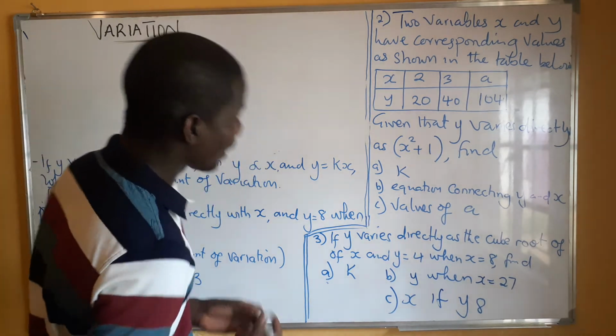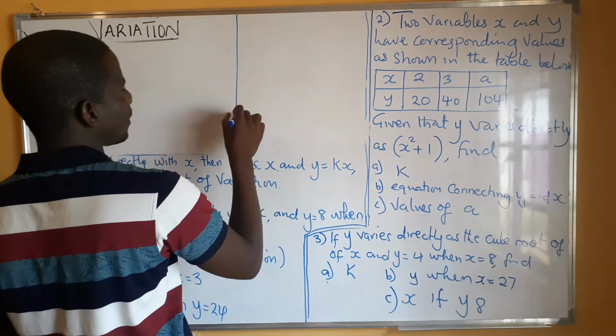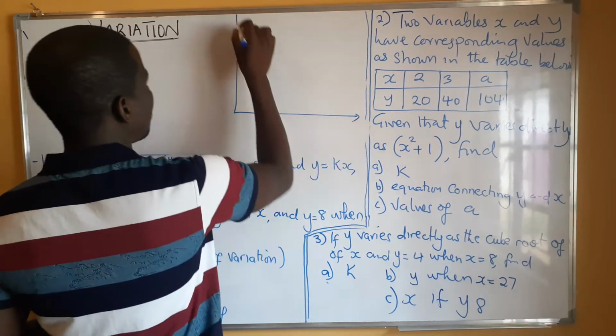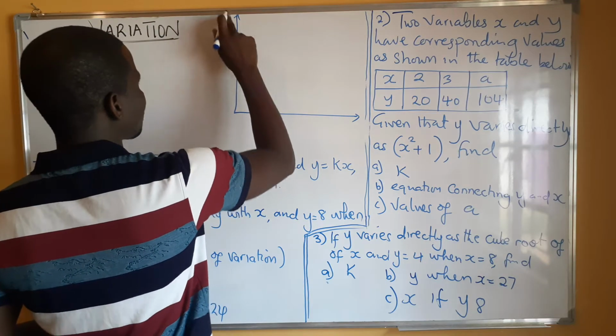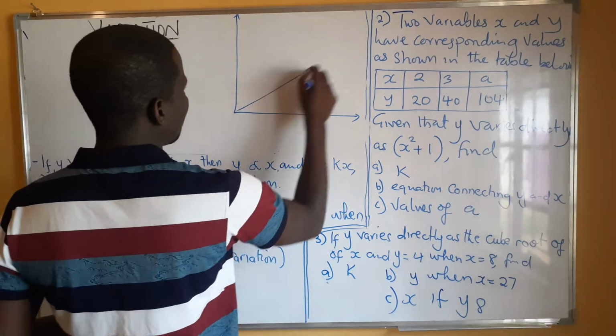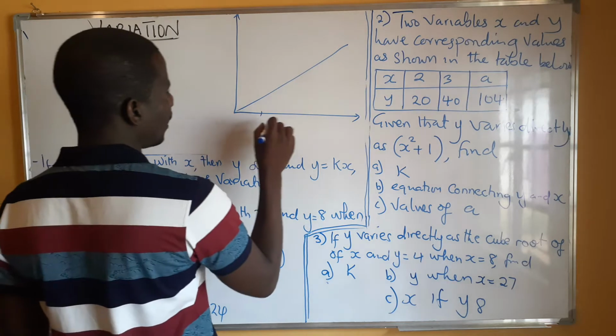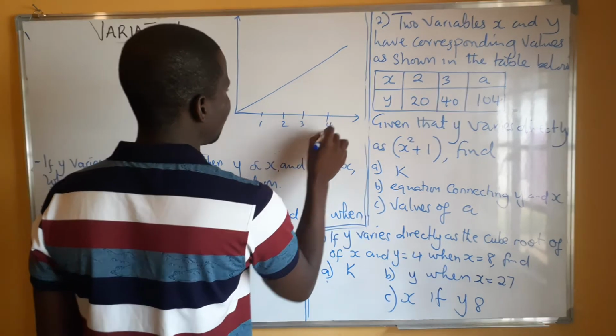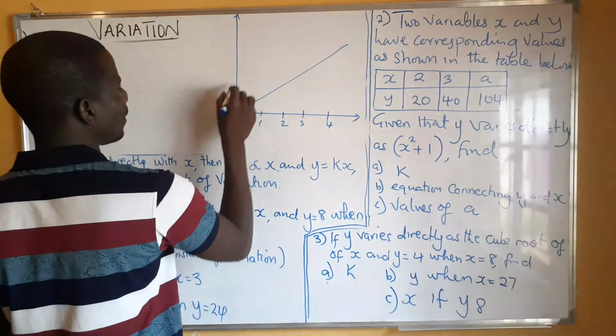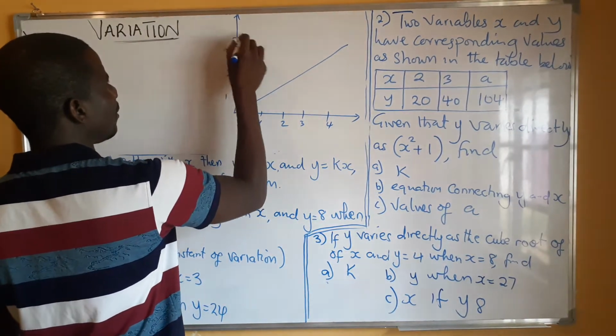In the form of a curve, you have something like this. Now this is your y, and here we have 1, 2, 3, 4.